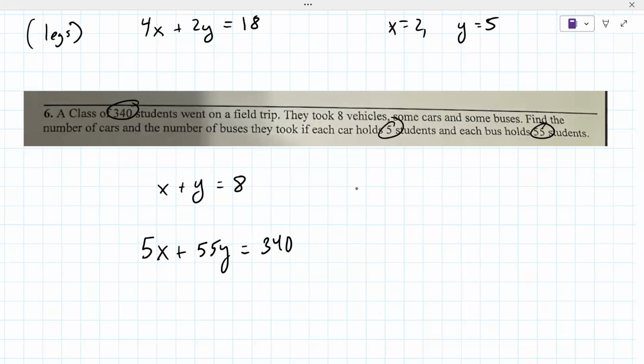All right, so how are you going to solve this? Are you going to use substitution, elimination? Probably substitution.